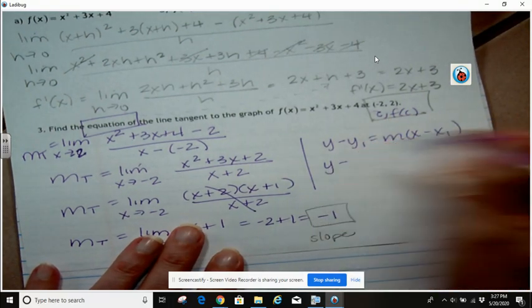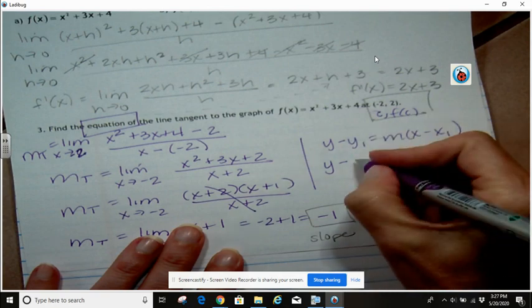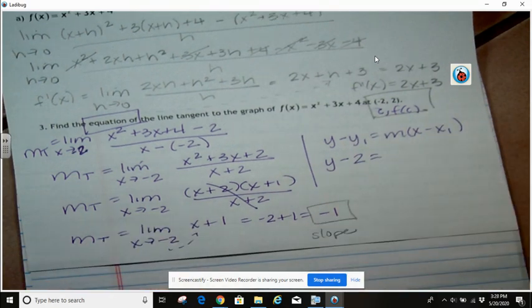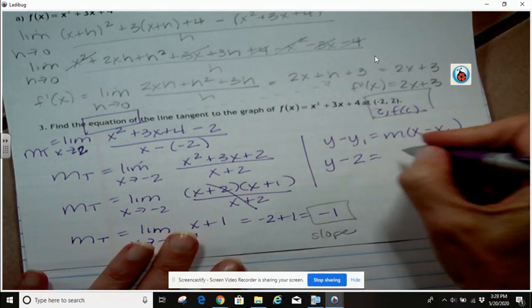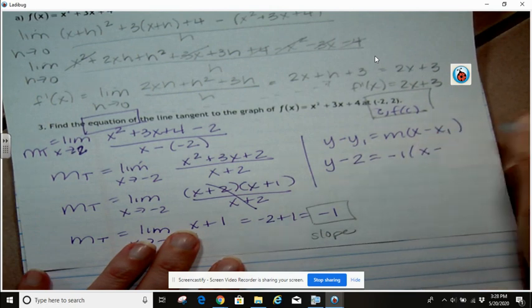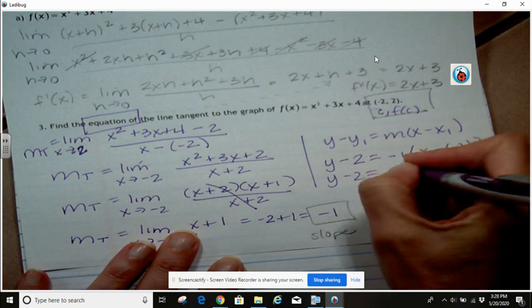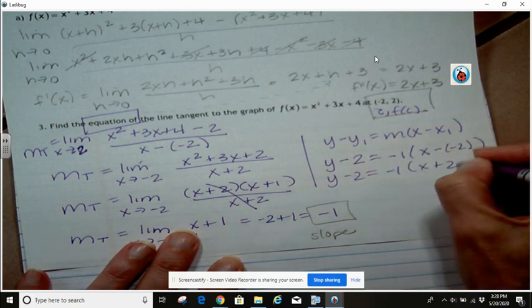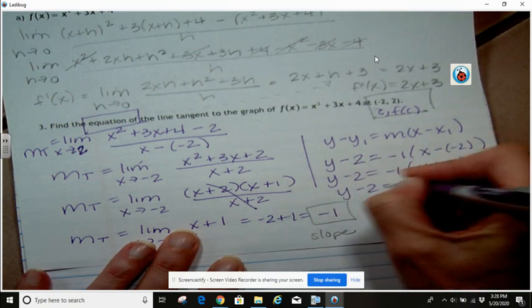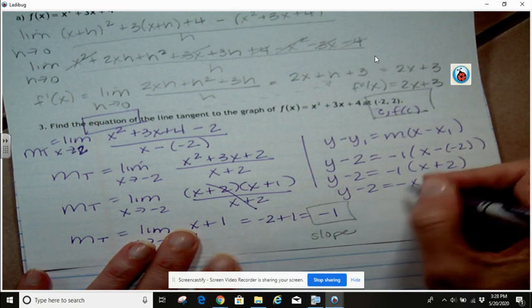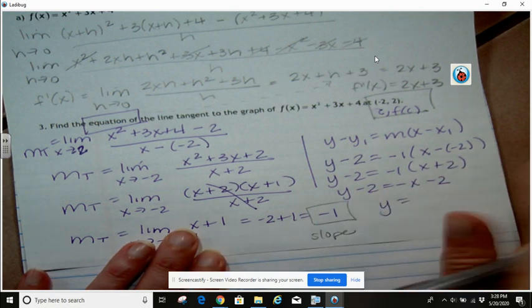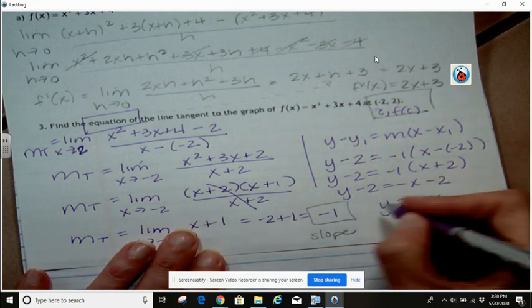So y minus the y coordinate of the point I know equals the slope I just found, -1, times x minus the x coordinate of the point that I'm using. So y minus 2 equals -1 times x plus 2. Y minus 2 equals -x minus 2. And then when you add the 2 to both sides, you get just y equals -x.